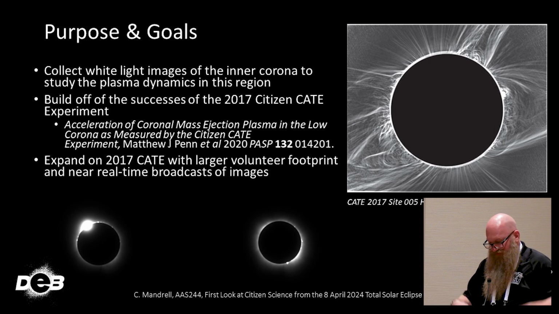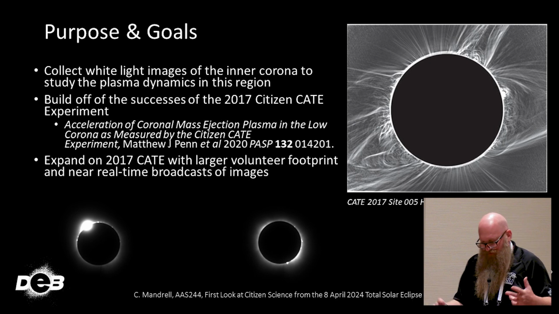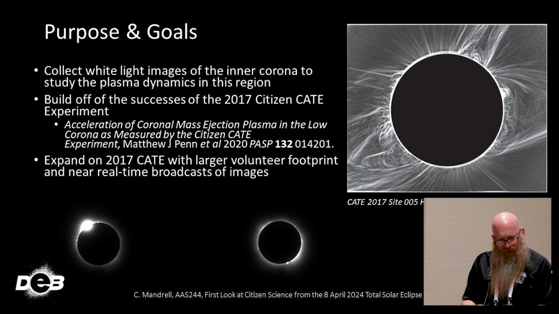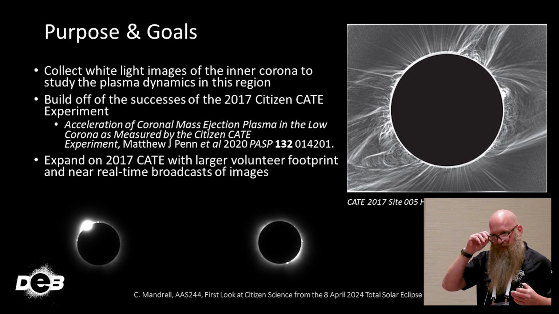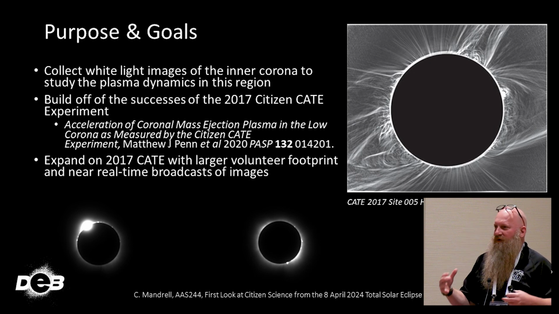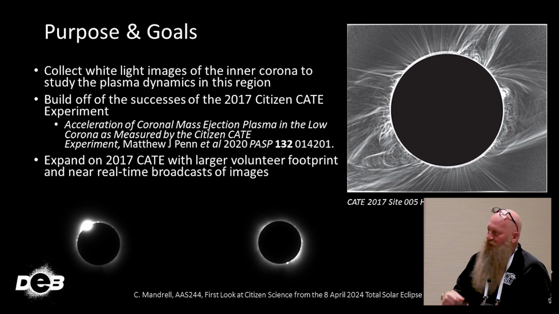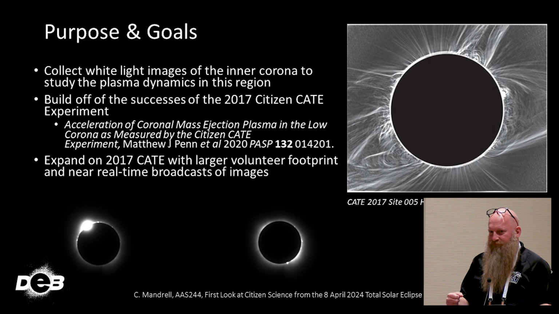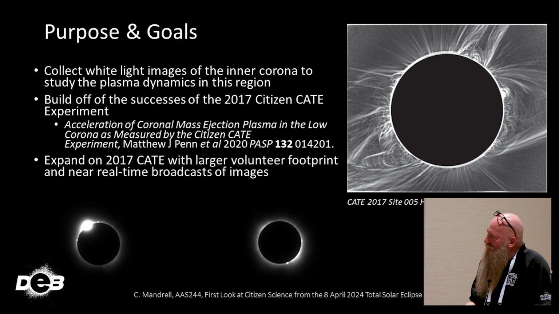We're going to expand on what they did in 2017 with Citizen CATE, because we're going to have a larger volunteer footprint: we've reduced the cost of the equipment so we can get it to more people, it's more portable, and we streamlined the training. Instead of having in-person meetings, we're now doing it all online, and they have to look at my ugly mug doing videos, telling them how to do everything.